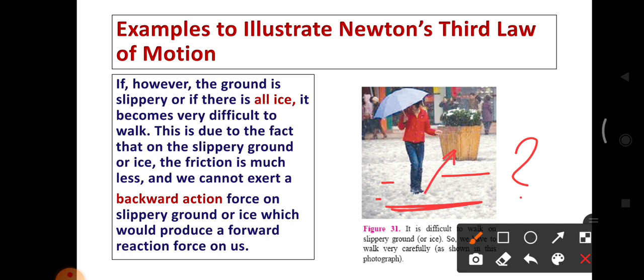So we cannot exert much backward action force on the ground, which would produce a forward reaction on us.